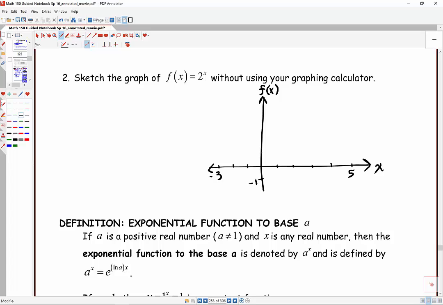Ready to go? So here what we have is your input x and your output f at x, and then you've got your ordered pair that comes out.